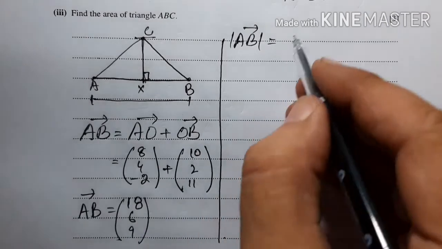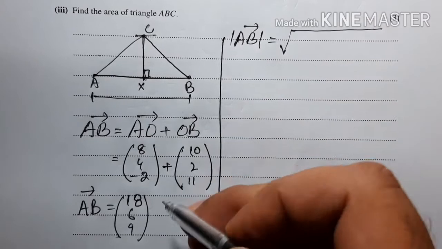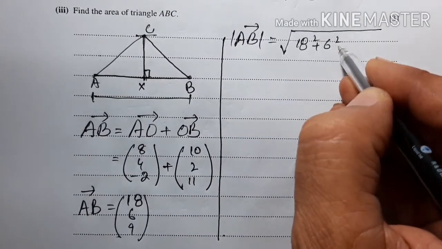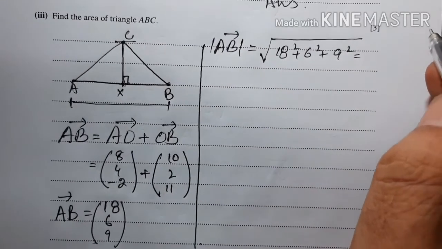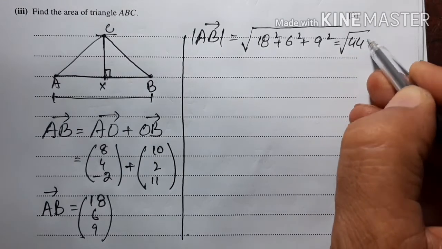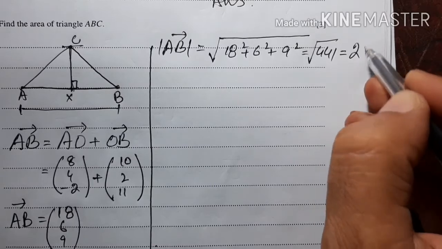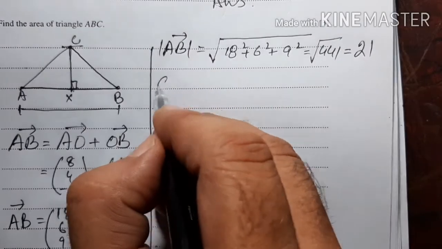The formula for the magnitude is 18 squared plus 6 squared plus 9 squared, which is 441, which is 21. Sorry for this extra spacing.